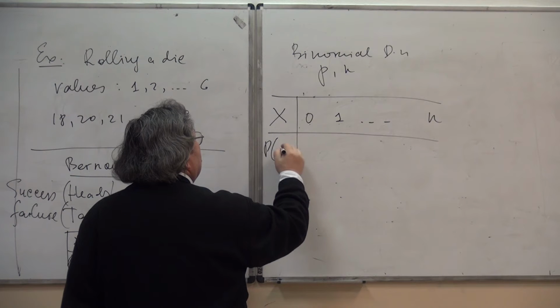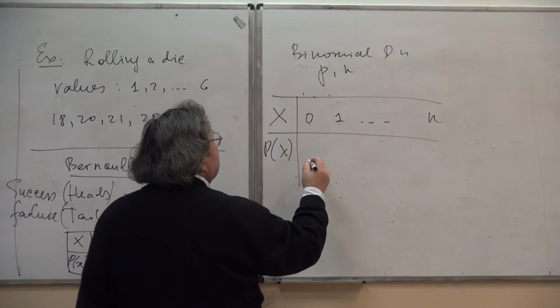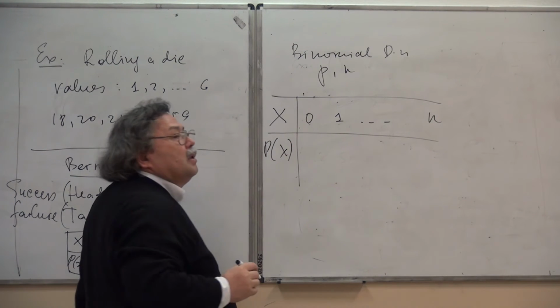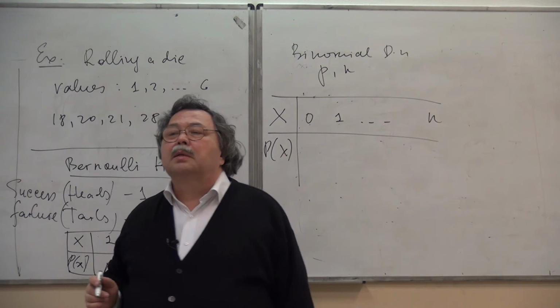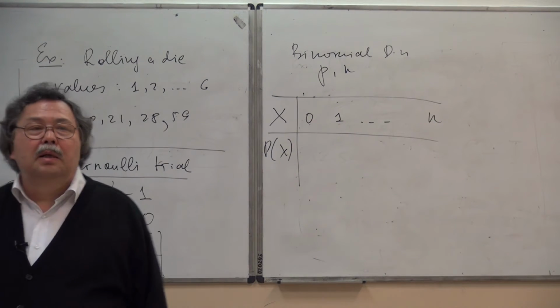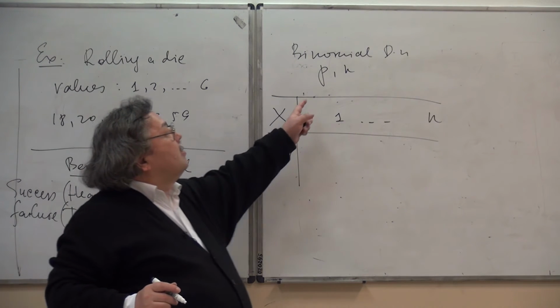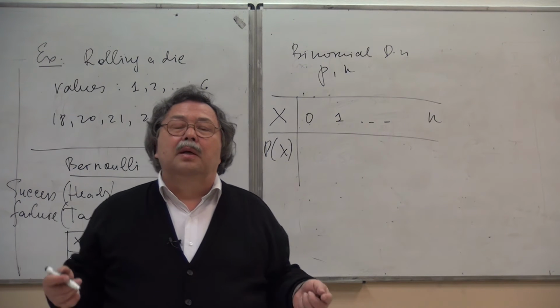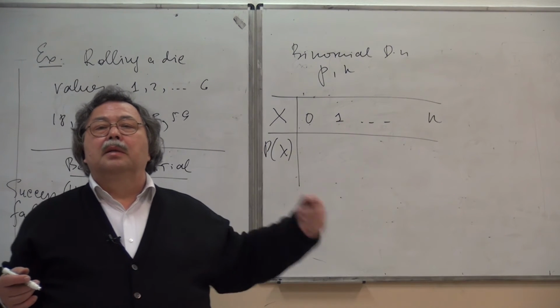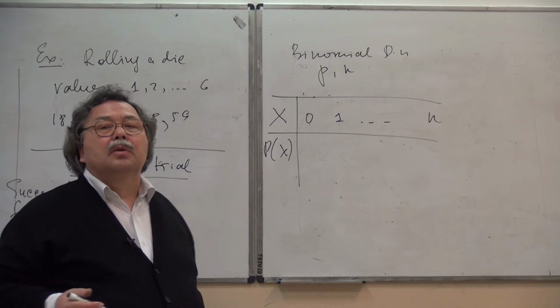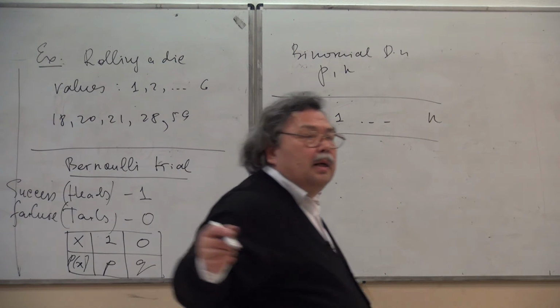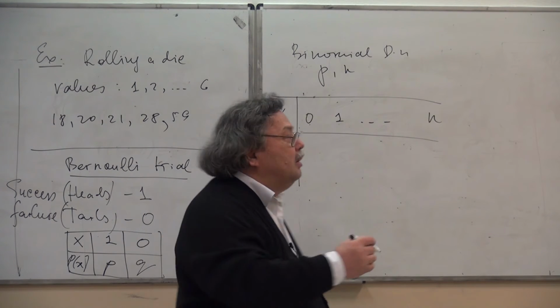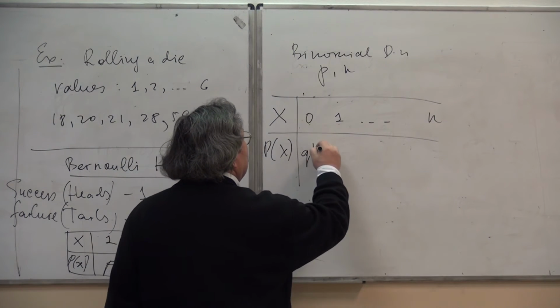And the corresponding probabilities are, well, what's the probability of getting no successes on n trials? The probability of success is p, so the probability of failure is 1 minus p. There is a separate notation for it, it's q. So the probability of getting n failures in a row is q to the power n.